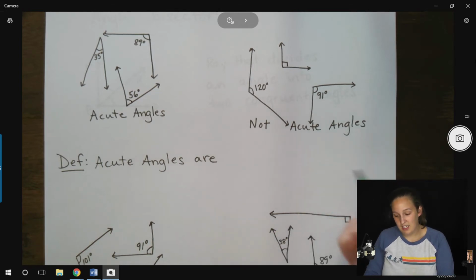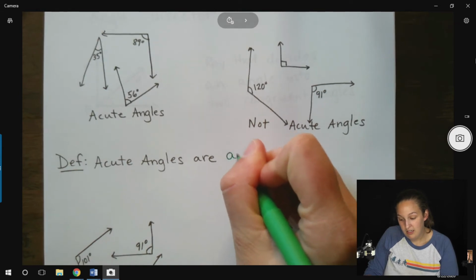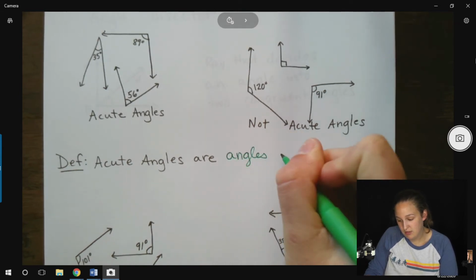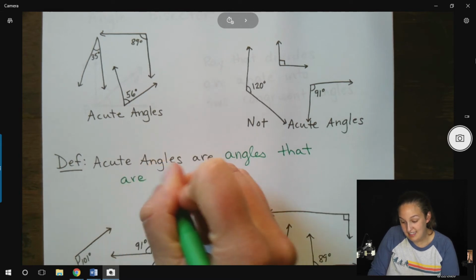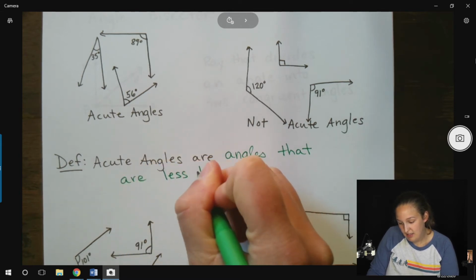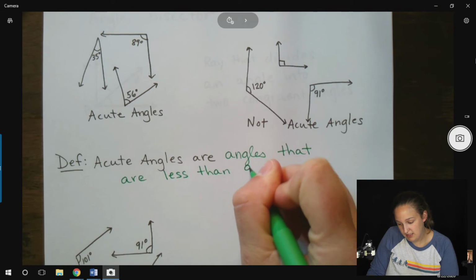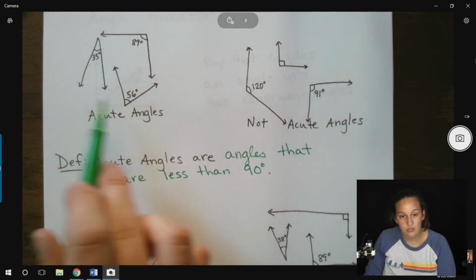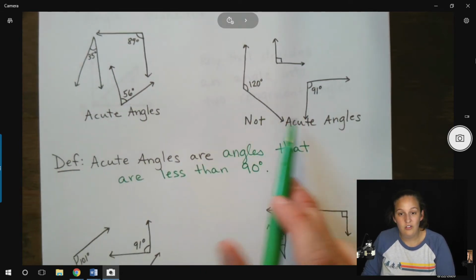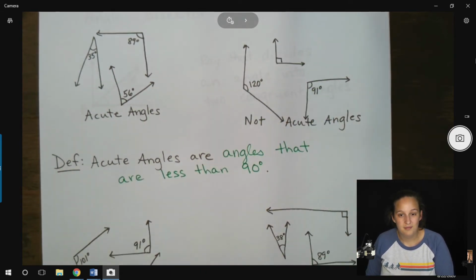This would tell us that acute angles are angles that are less than 90 degrees. That holds true for this, and all of these are false because they are 90 degrees or greater.